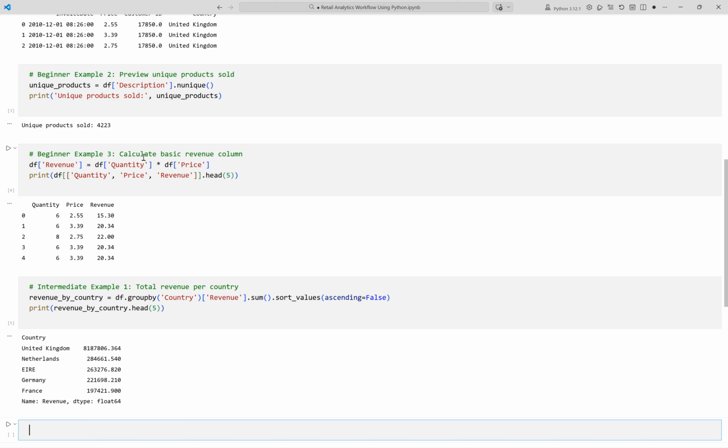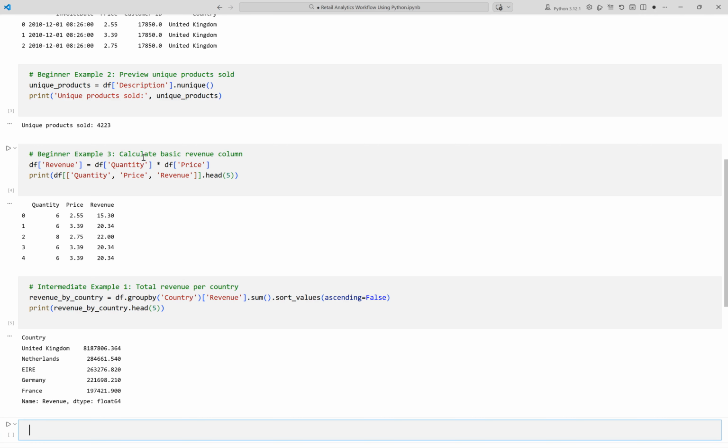Notice how grouping by a country and summing revenue reveals key geographic insights, which is crucial for understanding market performance. This step emphasizes the importance of correctly aggregating sales data to avoid misinterpreting individual prices instead of overall revenue. Practice prompt: could you group by both country and another variable, like invoice number?